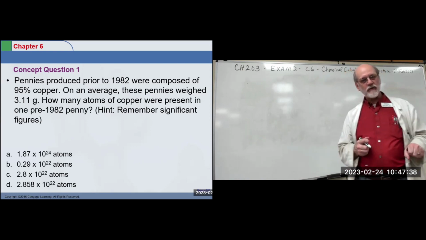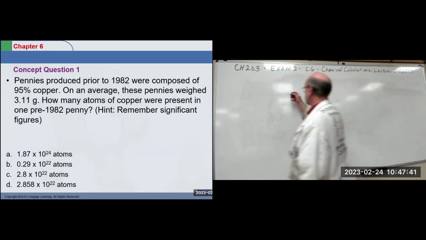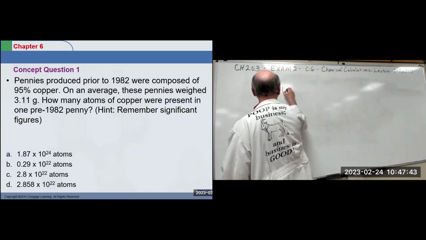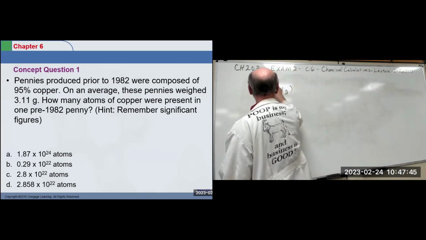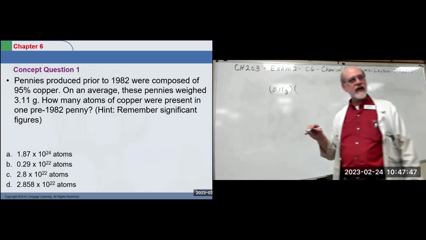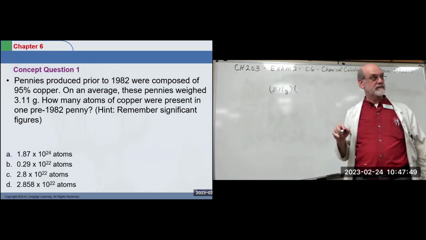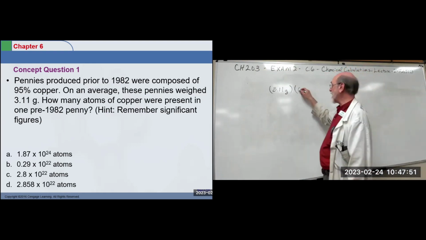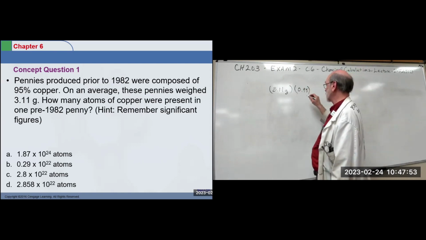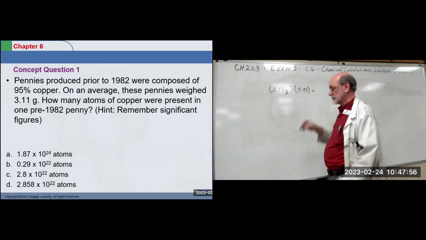Okay, so if you've got 3.11 grams, that is the total weight, but only 95% of that is copper. Then we need that fraction, 0.95 is the fraction that's actually copper.